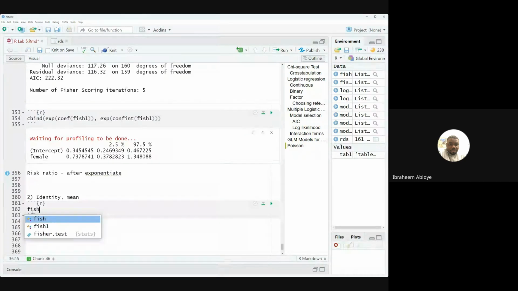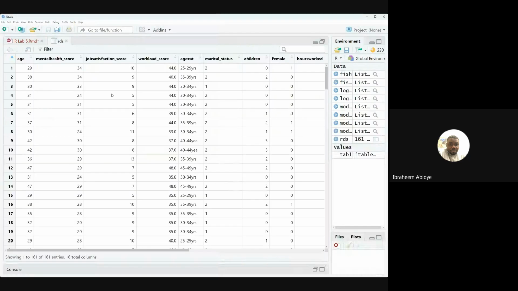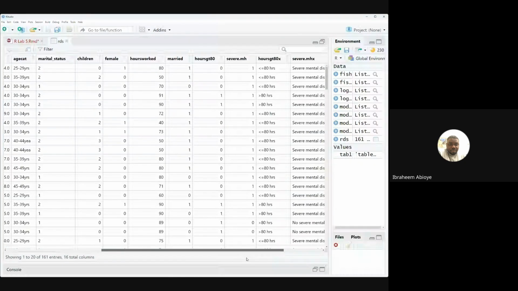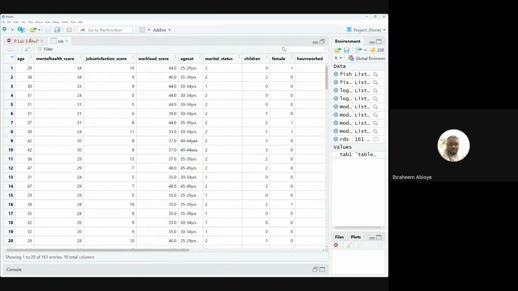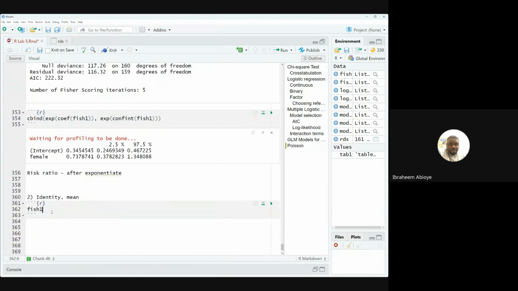Let's see if we actually have a more appropriate example in our data sets. No, we don't. So we will have to use that example still, but you will understand that in real life, you would use an example that's appropriate. Okay. So let's call that fish 2.